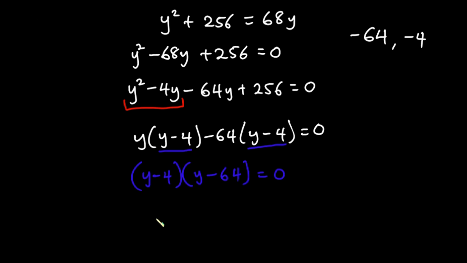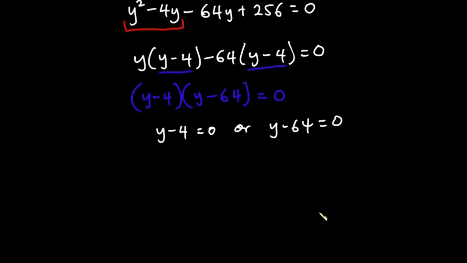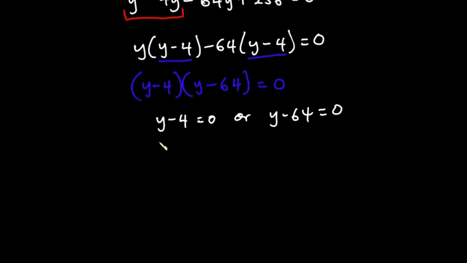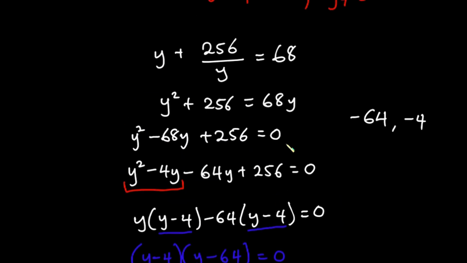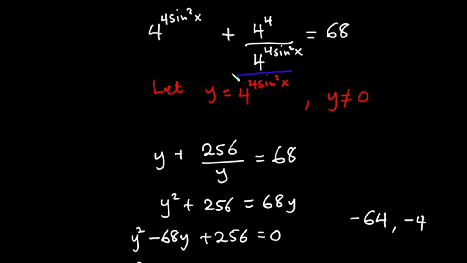Now at this point we can say that y minus 4 is equal to 0, or y minus 64 is equal to 0. Now from this equation solving for y, we have y is equal to 4, or from this equation we're going to have y is equal to 64. But remember, initially we let y equal to 4 to the power 4 sine squared x.